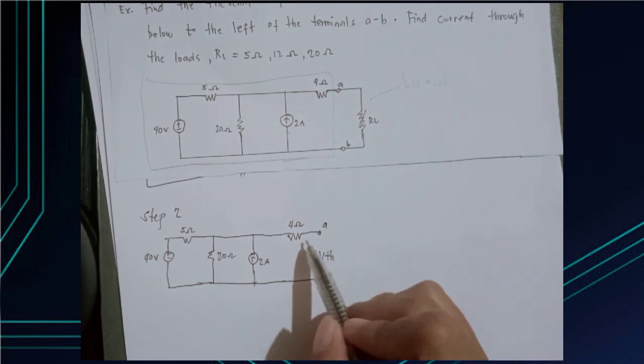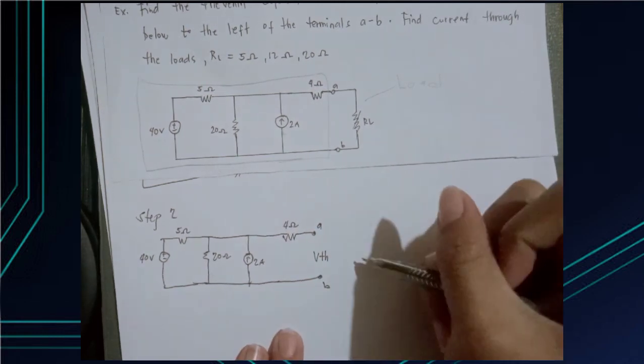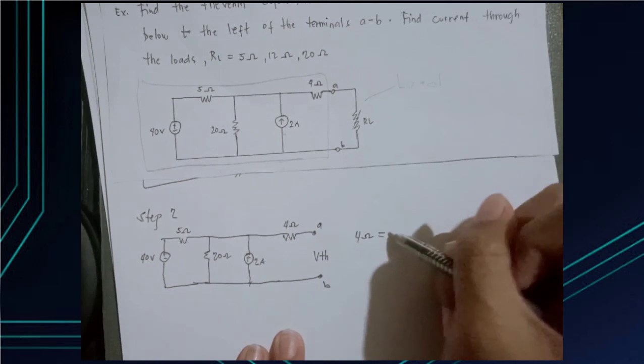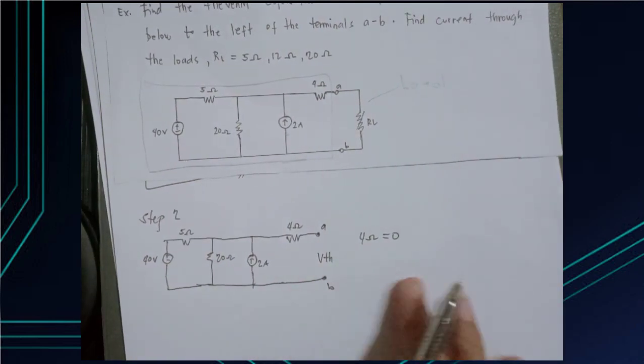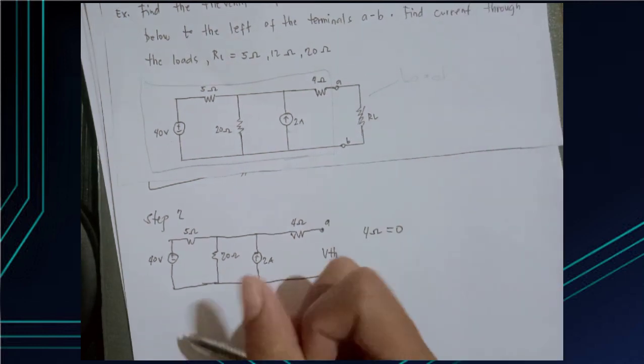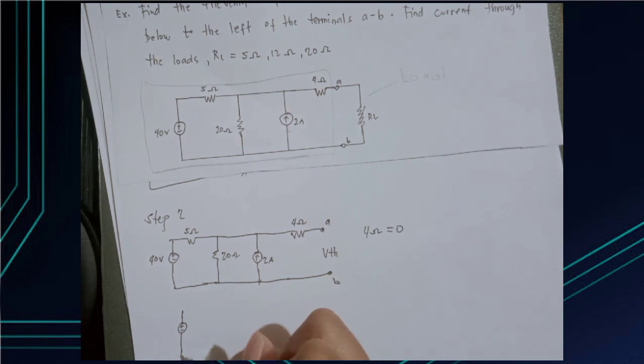Walang dumadaloy na current and voltage. So, itong 4 ohms ay magiging equals to 0 na lang siya. Okay? So, kung 0 na lang siya, magiging ganito na yung drawing mo, yung figure mo.